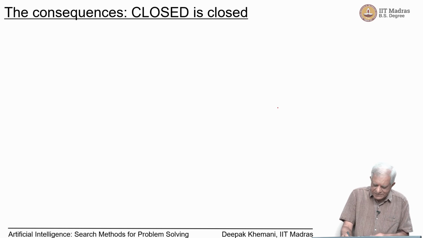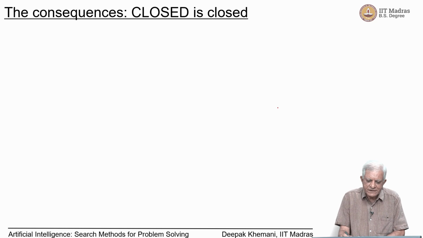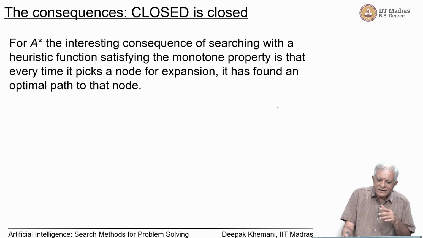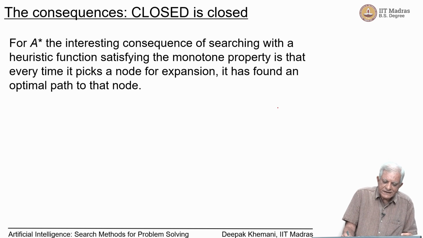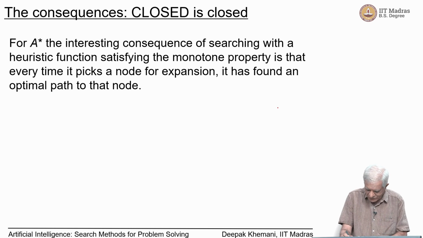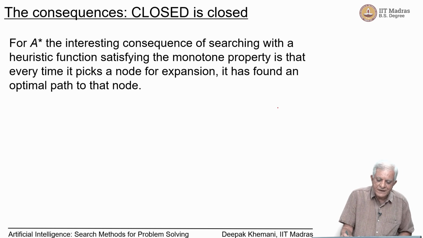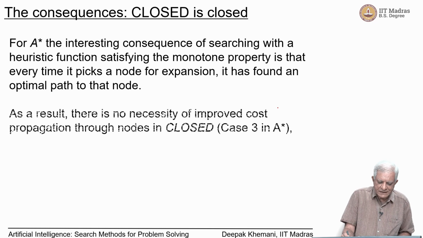The consequence of this property is that our interest in closed becomes less. For A star, the interesting consequence of searching with a heuristic function satisfying the monotone property is that every time it picks a node for expansion, it has found an optimal path to the node, and that is what we just saw, that g of n equals g star of n for every node that it is picking.